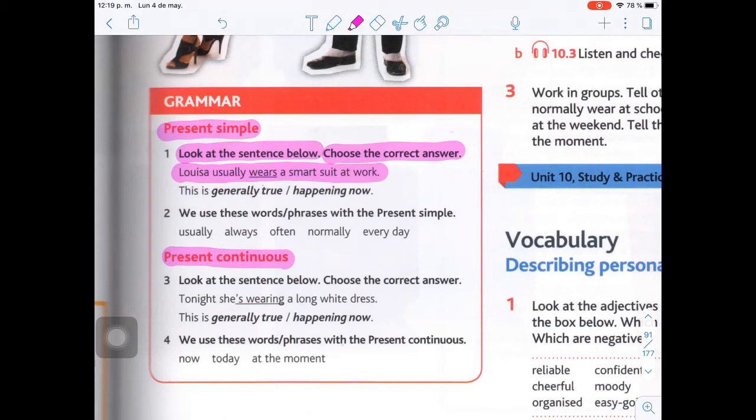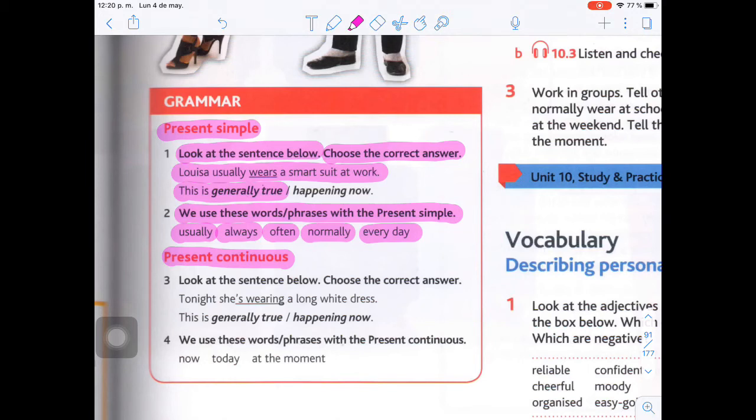So if you look at the structure of the sentence, Luisa usually wears a smart suit at work, this must be generally true. Good. Now, in the present simple, we normally use these words: usually, always, often, normally, every day. Those are frequency adverbs, and frequency adverbs are normally used with the present simple.